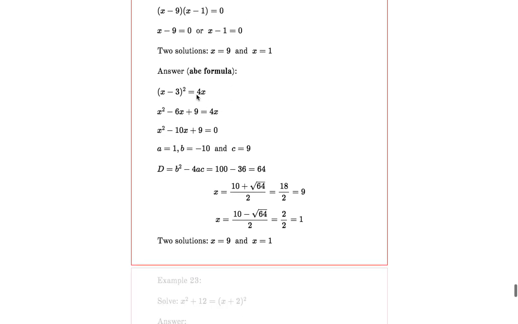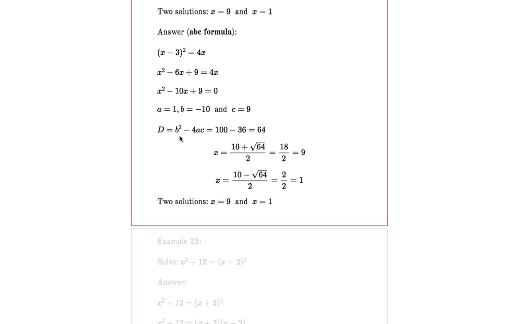ABC formula. This is the same. We could look at this equation. A is 1, B is minus 10, C is 9. The discriminant is 10 squared minus 4 times 9, which is 36, is 64.